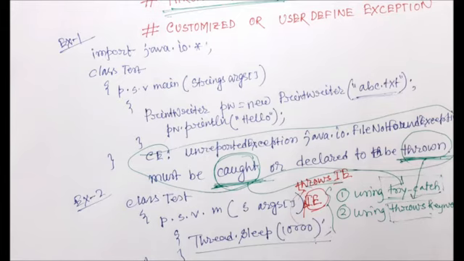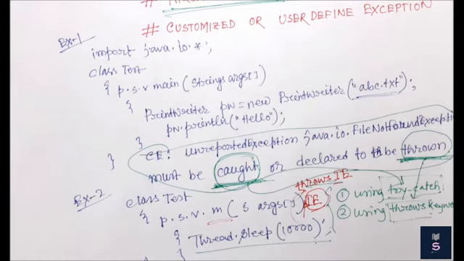So who is going to call this method? Thread.sleep, the main method. Who is going to handle it? It will delegate the responsibility of the exception to its caller, which may be a caller class or a caller method.